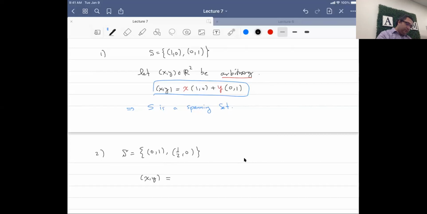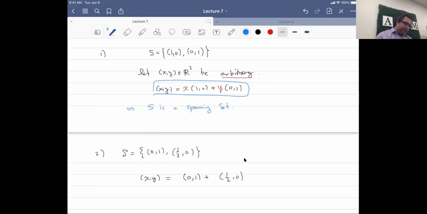What times (0, 1) plus what times (1/2, 0) would give you (x, y)? Such a problem is nothing but solving linear equations. You can put alpha and beta and see if this has a solution or not.